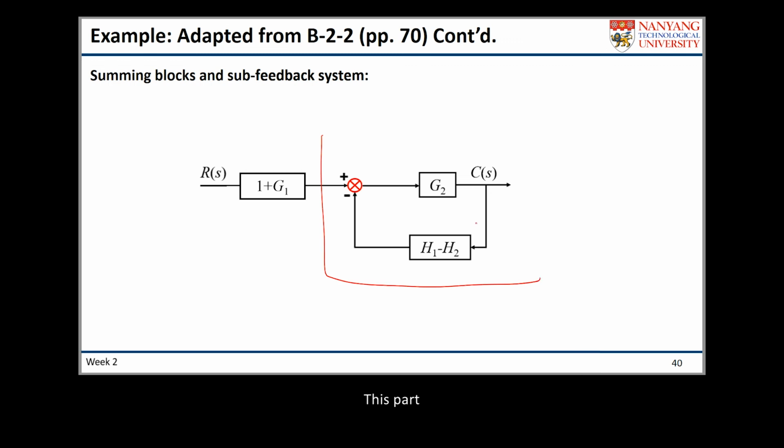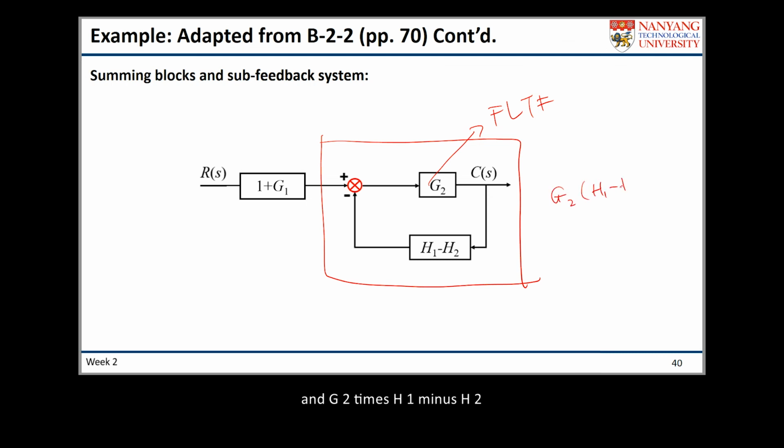If you look at the right side, what do you see here? This part looks like a feedback system, where G2 is the forward loop transfer function, and G2 times H1 minus H2 is the open loop transfer function.